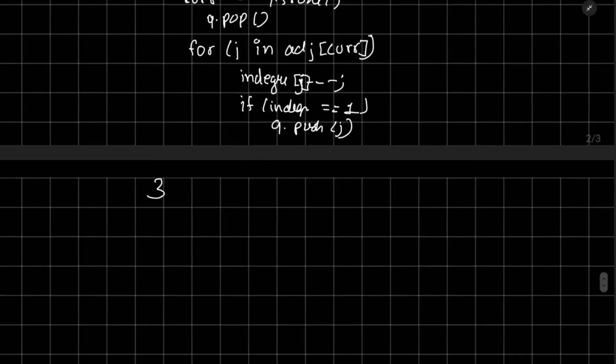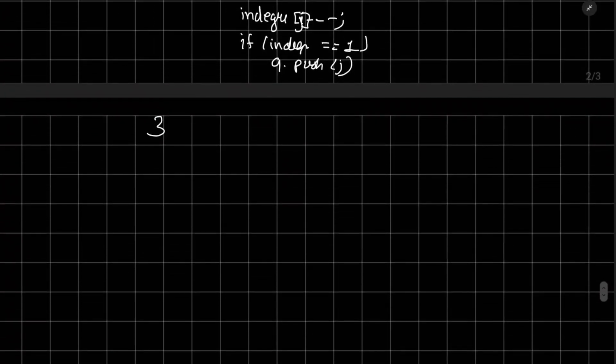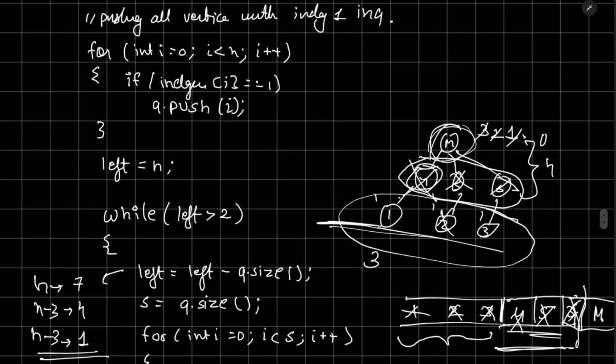Okay, so in the last, as we have seen that after completing this while loop, the elements left will be either 2 or 1. So what we'll do is we will make an answer vector, int answer. We will pop the queue while it's not empty, so while queue not empty, we'll pop it and push that element into the answer.